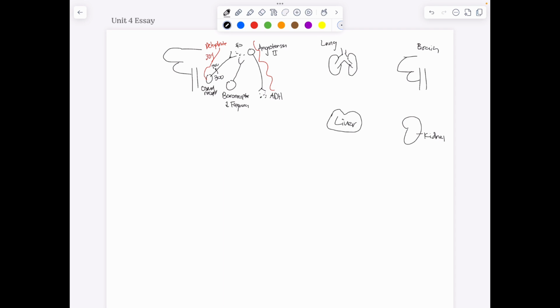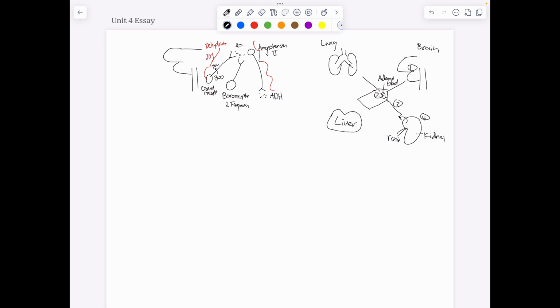And then we're going to have an adrenal gland. I'm going to draw numbers here that will represent all the little things. And I should draw renin, and that will be released into here.